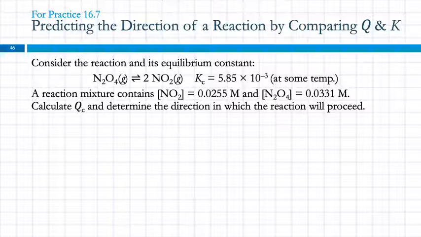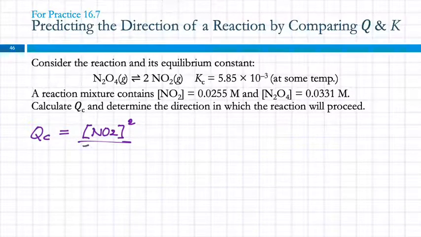So I use the same expression as for K. So Qc is the same fraction. It's going to be the product, NO2, it has a coefficient of 2, so it's squared, divided by the concentration of the reactant. So I'm going to plug the values that I currently have into this expression.